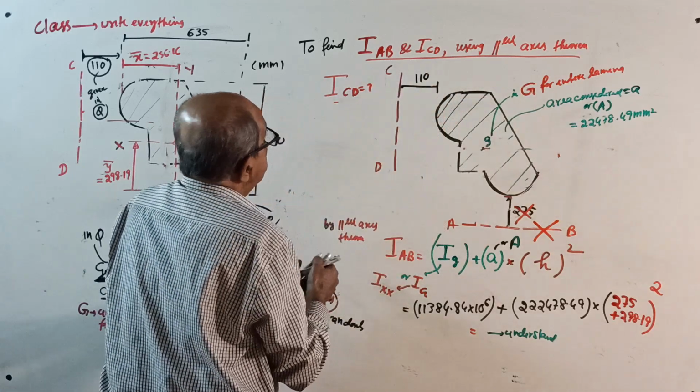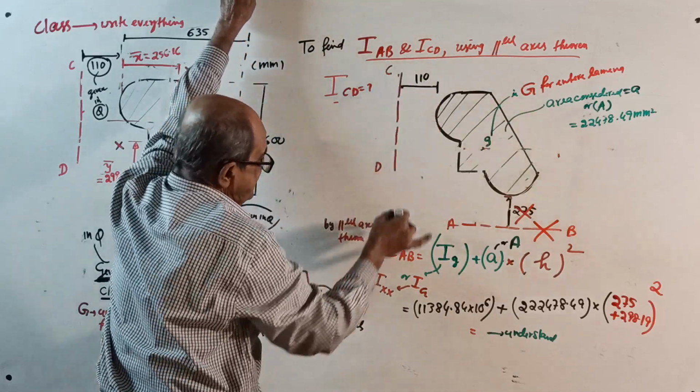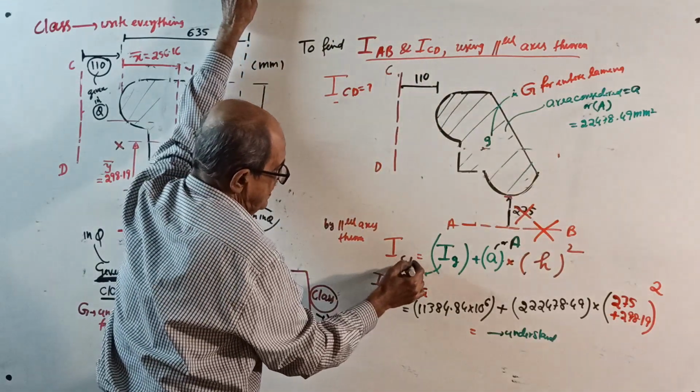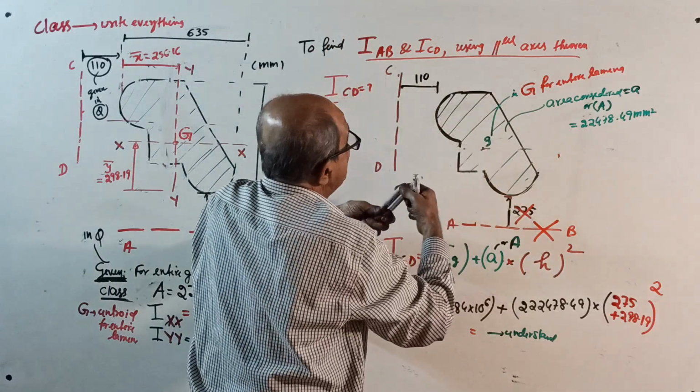By parallel axis theorem, ICD equals once again IG. Which IG?